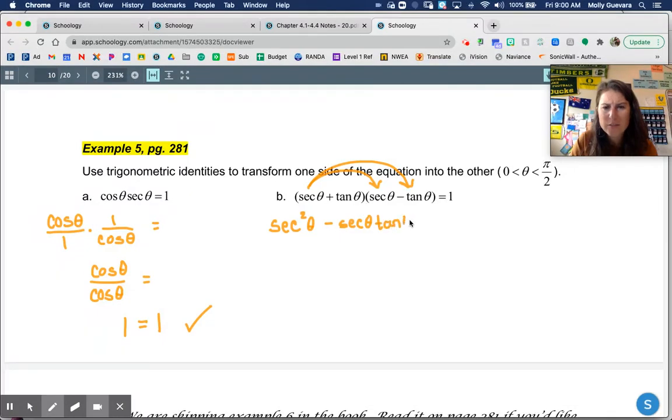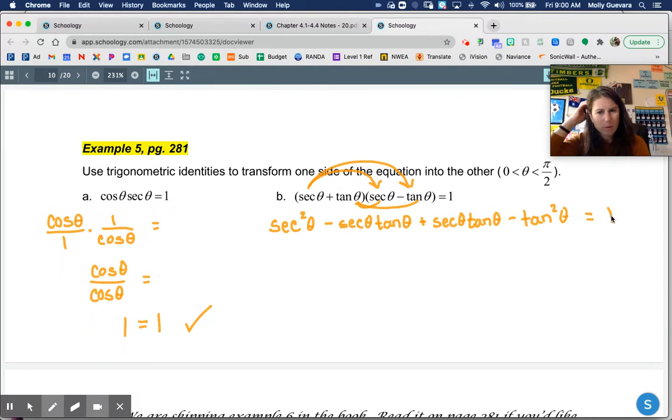I can't actually multiply them together, so they just get smushed together. And then tangent times secant is also secant theta tangent theta. Again, just smush them together. And then tangent times tangent, I have minus tangent squared theta. And this still equals 1.